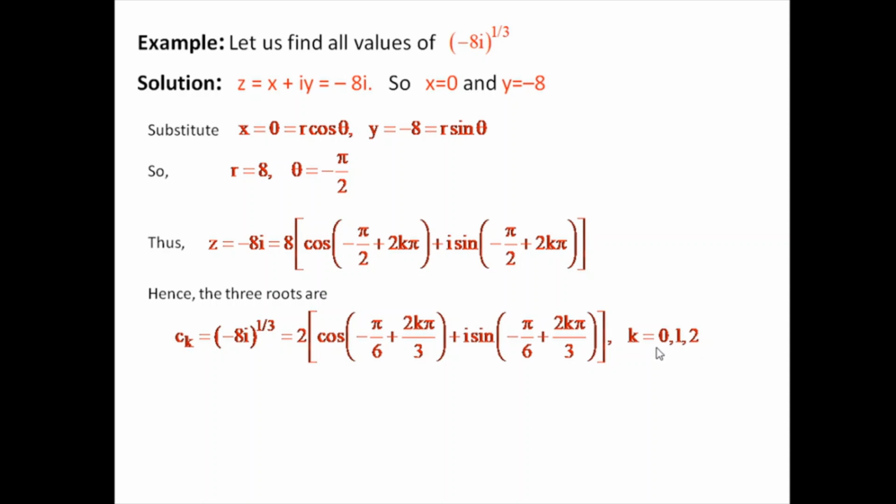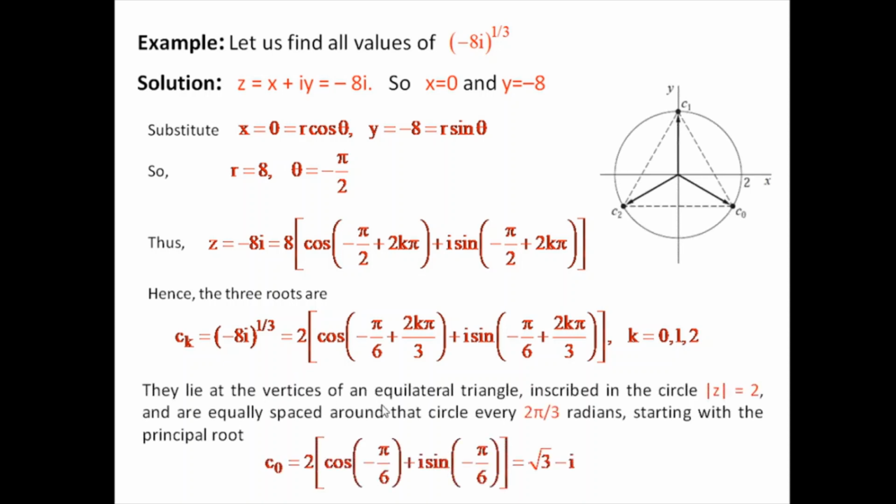For k equals 0, the c0 value will be called the principal root, and it will lie on a circle with center origin and radius 2. I'm writing here that the roots will lie on the vertices of an equilateral triangle, because there are three roots inscribed in the circle.